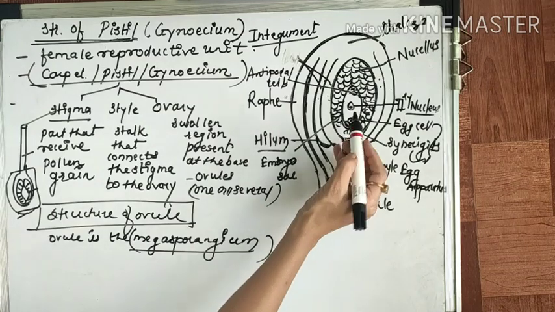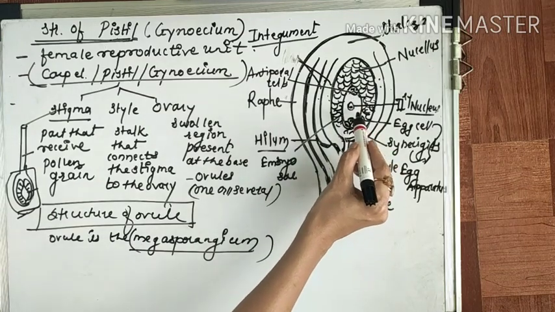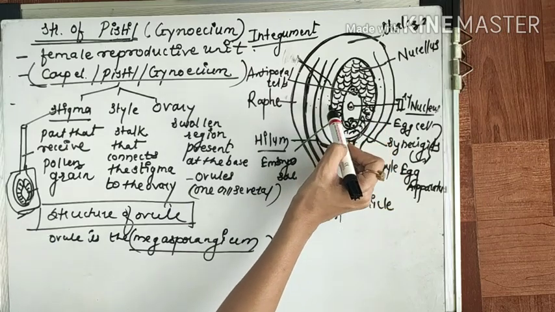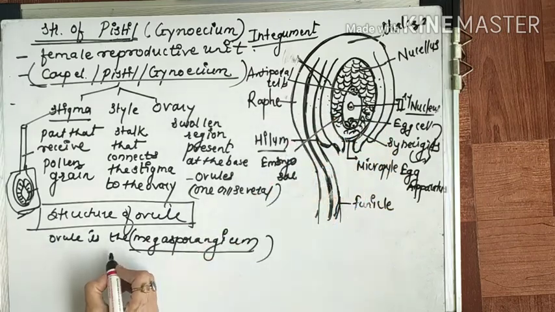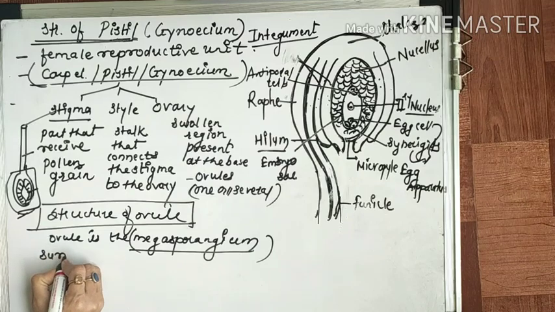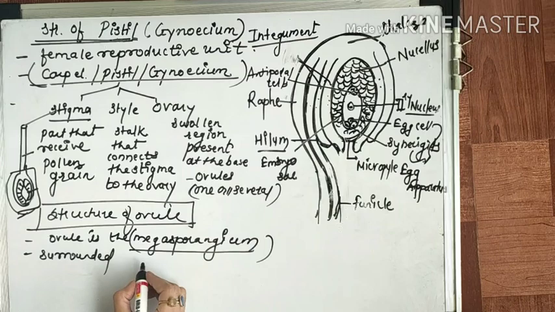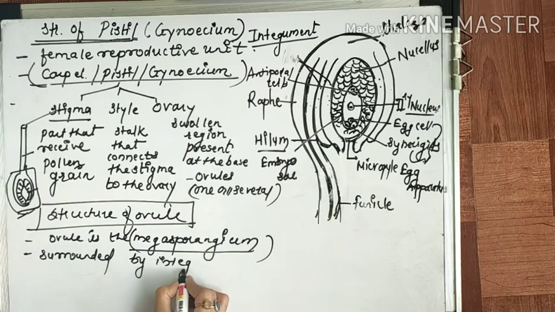And you know that this is a megasporangium, right? And that is surrounded by 1, 2, 3 layers, that is called integument.